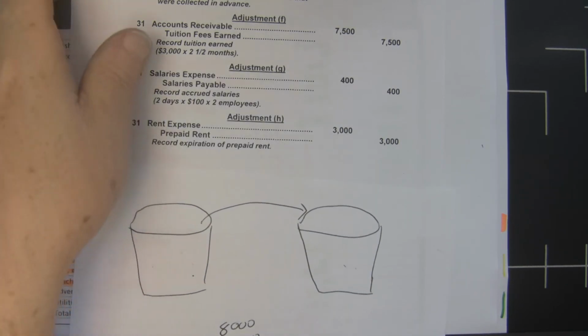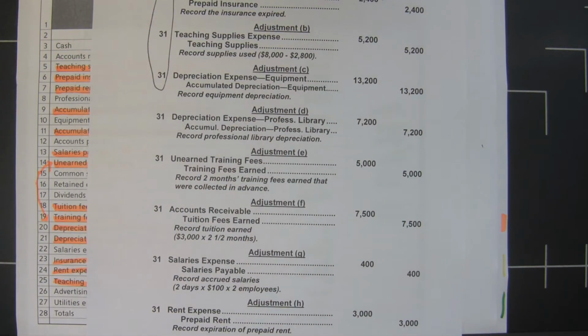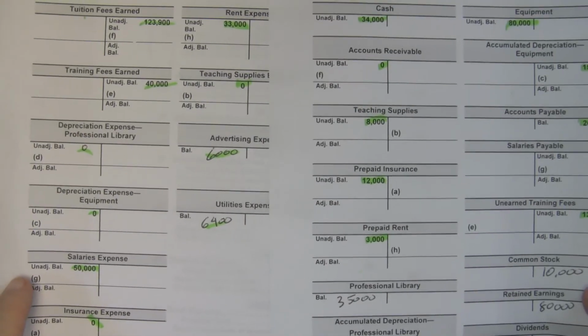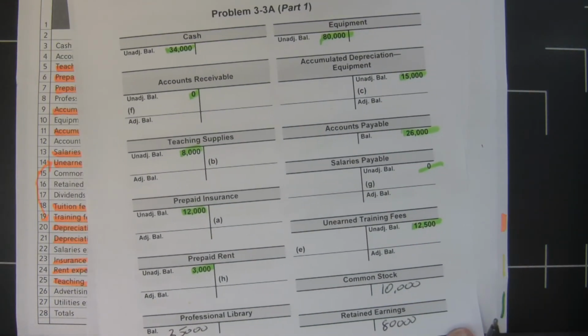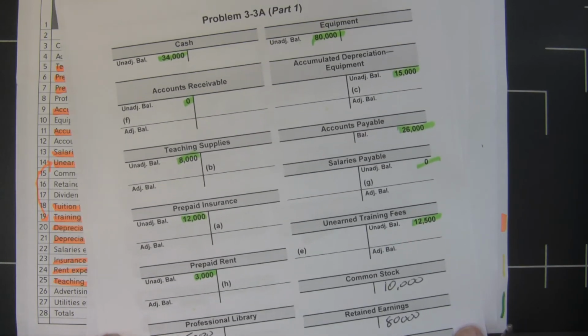Now we need to take these journal entries and transfer them to the ledger accounts that we created before. So we started with the unadjusted entries, and now we have to go through and recognize the entries.